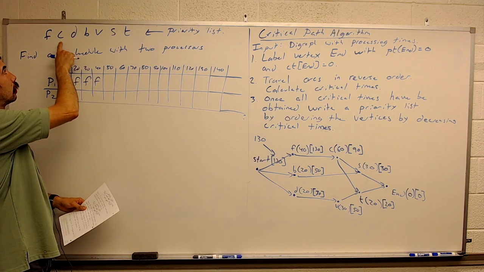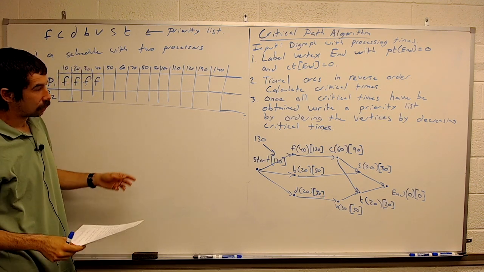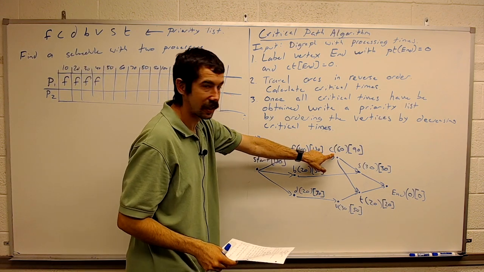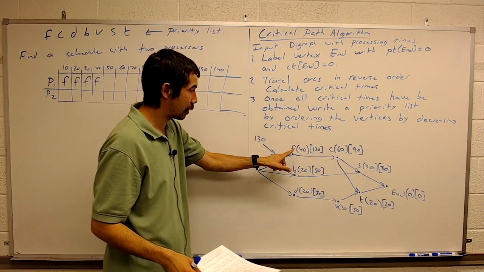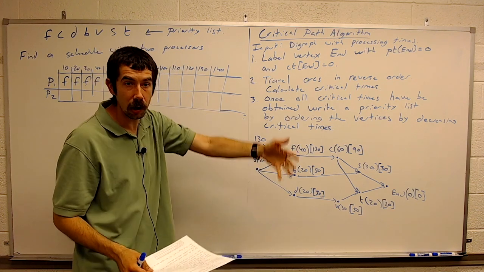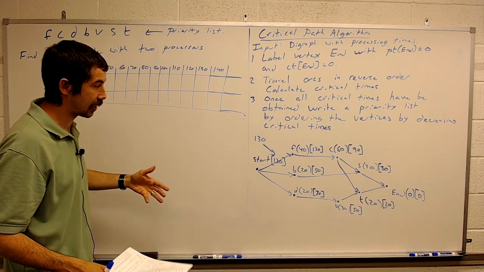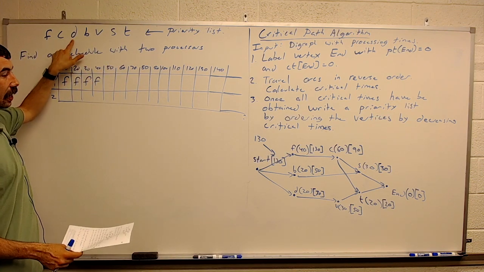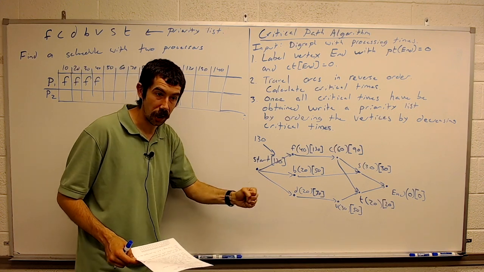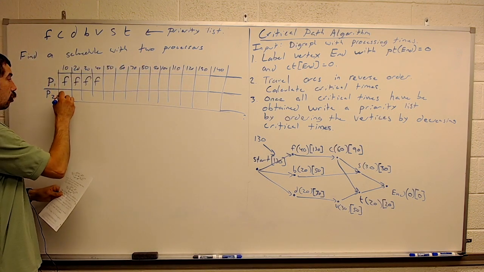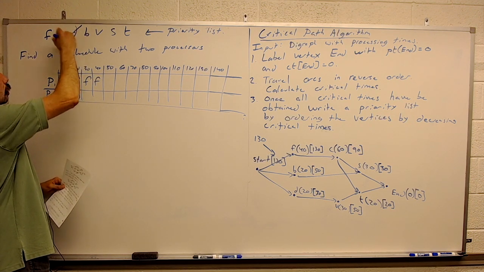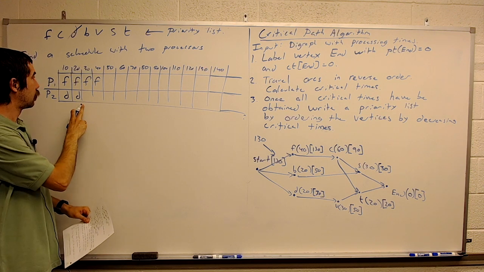Processor 2 is going to then try to start task C. Task C cannot start until task F is complete. So we're going to pass over task C and go to the next task. The next task is D. D can be started, so we're going to start task D instead. I'm going to cross that off of our priority list because we are now completed.